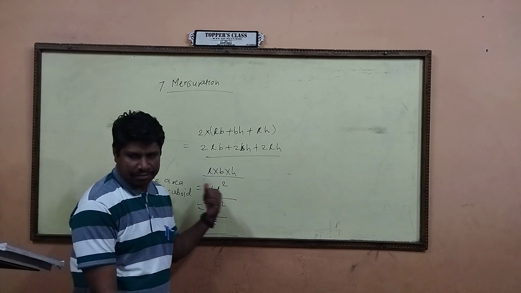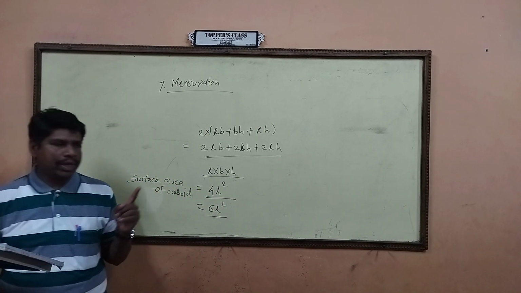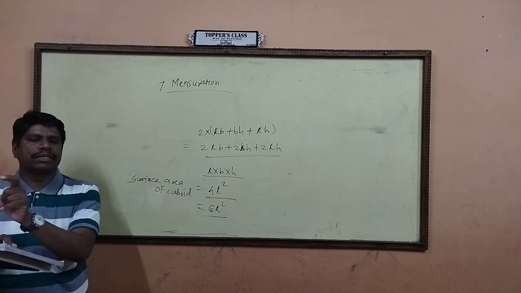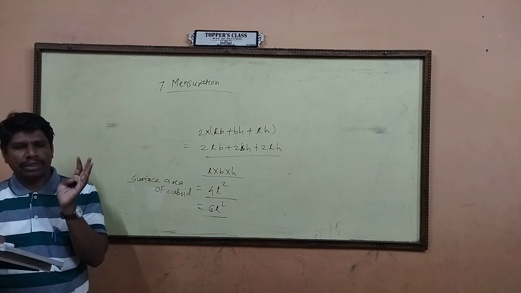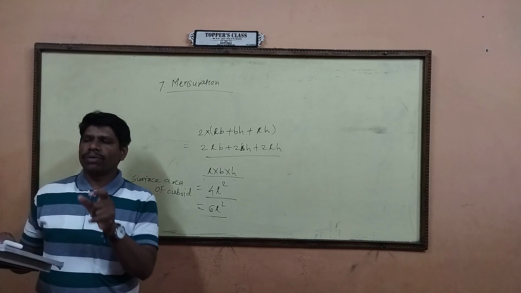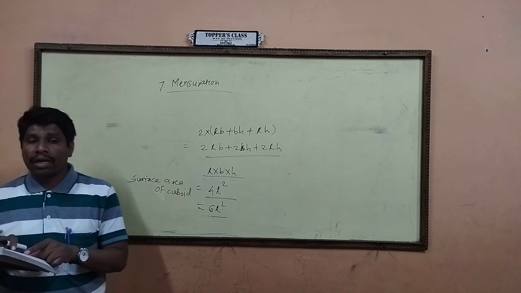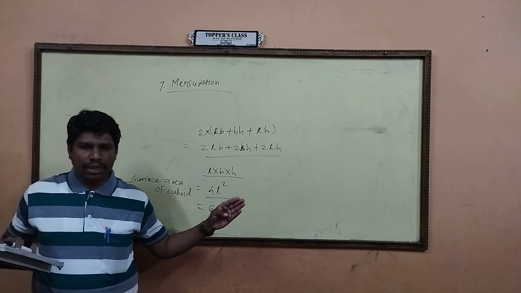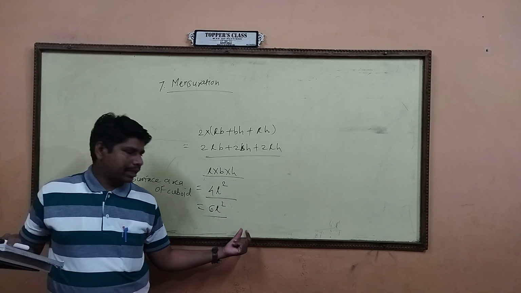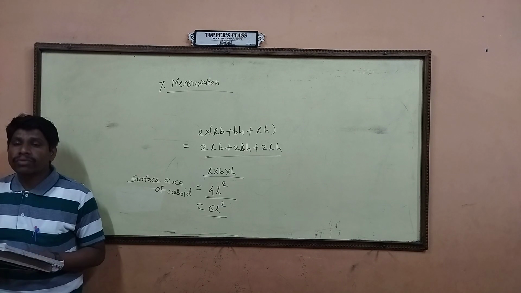L means the side here. We know the area of a square is L square, or side square, which we learned in 6, 7, 8 and 9 standard. But here there are 6 square surfaces, so the total surface area is 6L square.